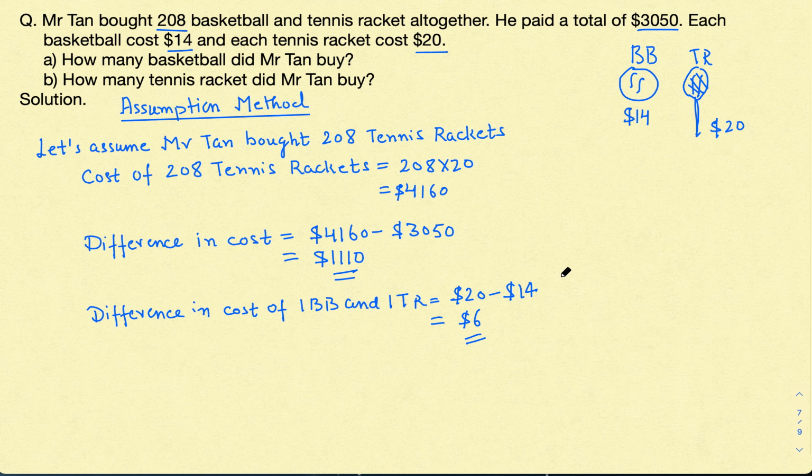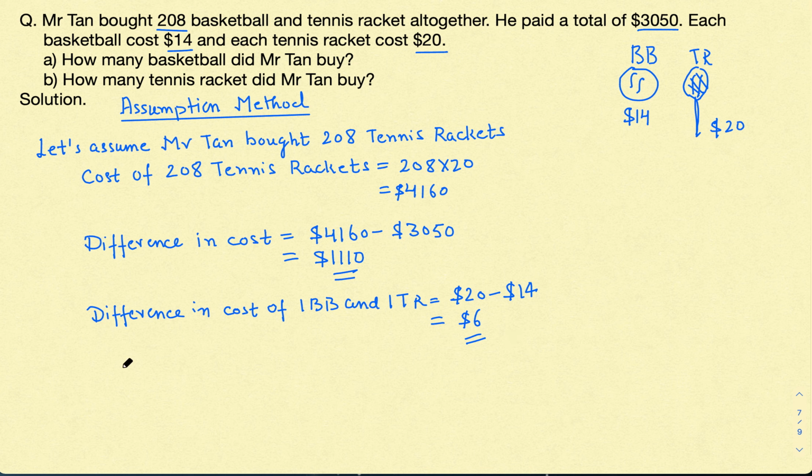And for every basketball which we have assumed as a tennis racket, we paid $6 more. That means if we divide this total difference in the cost by 6, it will give me the total number of basketballs.